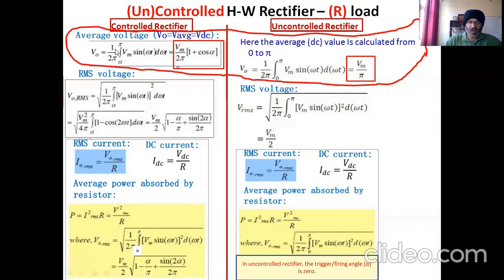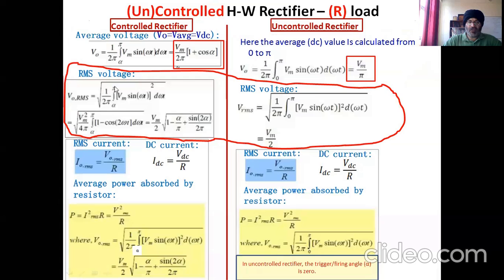Looking at these two equations, we can see that just by substituting alpha equal to 0, the controlled rectification equation can be converted into uncontrolled rectification. So if you know these equations for the controlled rectifier, just substitute angle alpha equal to 0, and you get the answers for uncontrolled rectification.